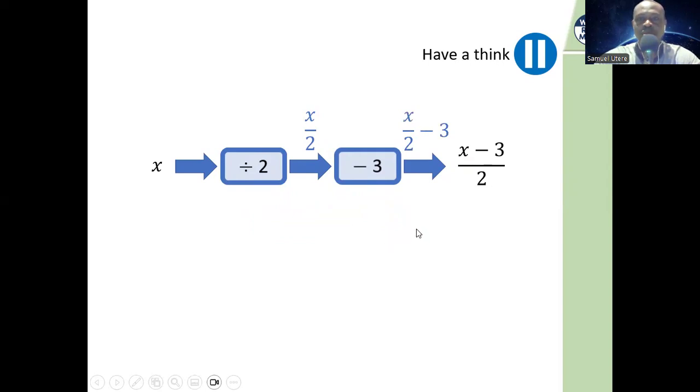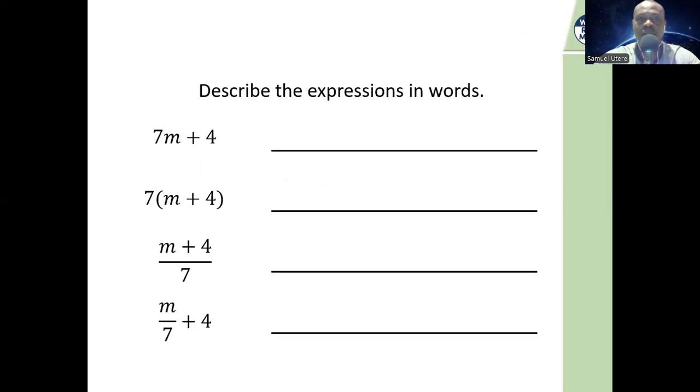Now you start thinking, but that doesn't look exactly like the output I was given. So you need to change the order of operations. And that becomes x subtract 3. It's beginning to look like we're going to get the right thing. And then divided by 2.